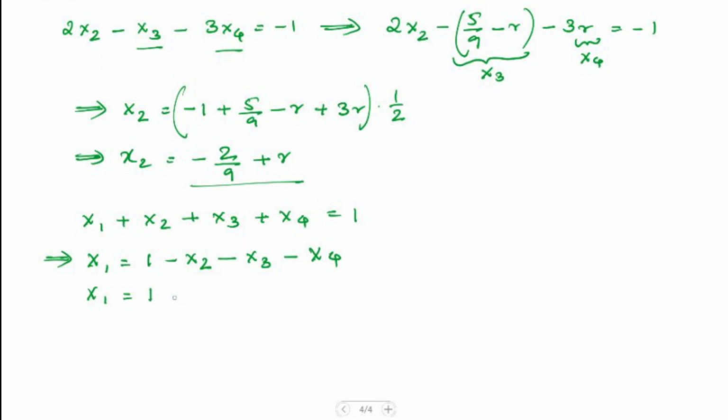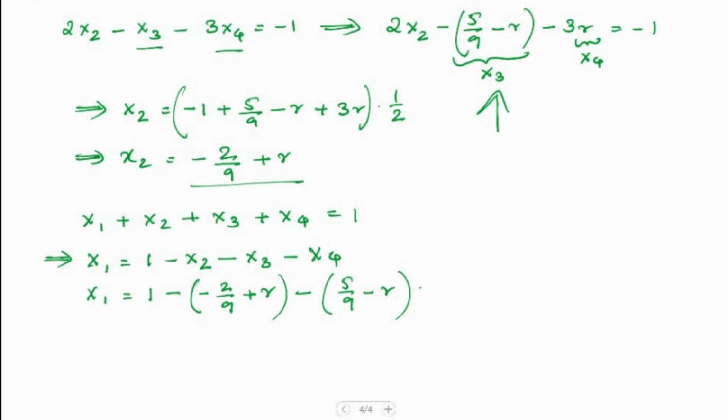So here we have 1 minus x2, and the value for x2 is minus 2 over 9 plus r. Then we have minus x3. So x3, you can see it from here, or you could go to the other page and see again. Here we have for x3, 5 over 9 minus r.